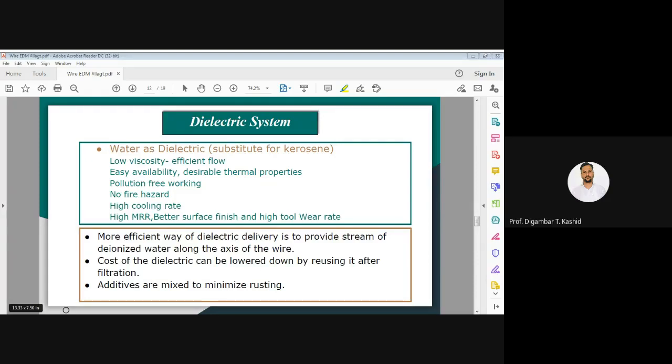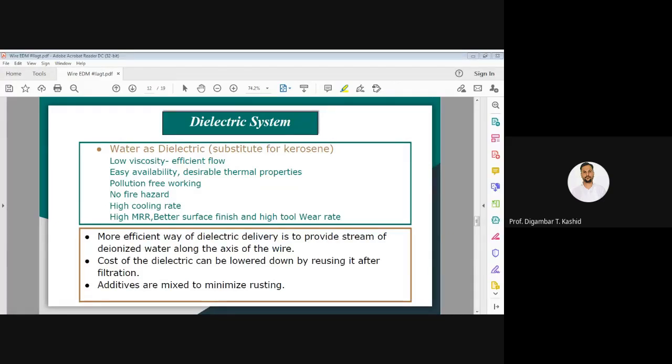So this dielectric fluid we have to choose on the basis that the dielectric fluid should have low viscosity. If it has low viscosity, then it can easily pass through the gap. So due to that only, your dielectric fluid should have low viscosity.